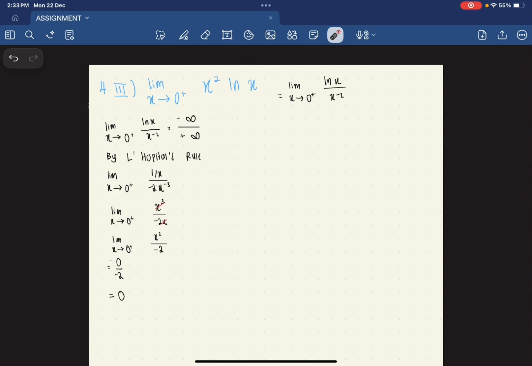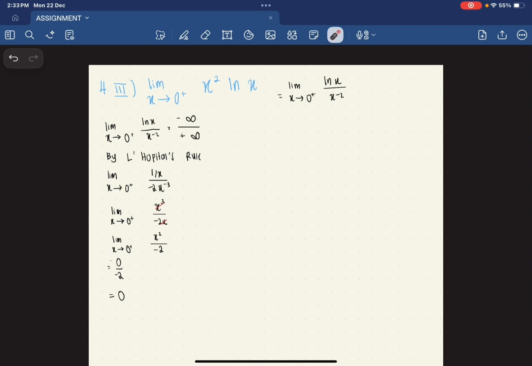As x approaches 0, the numerator becomes negative infinity and the denominator becomes positive infinity. So this gives the indeterminate form negative infinity over positive infinity.